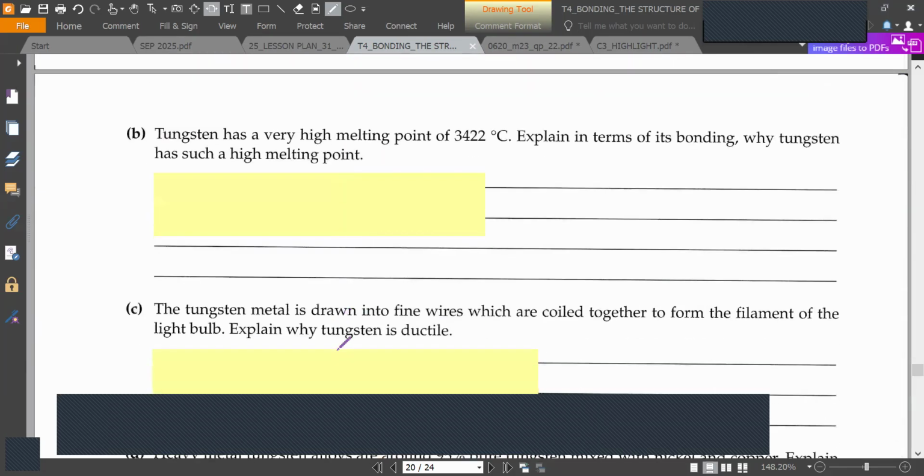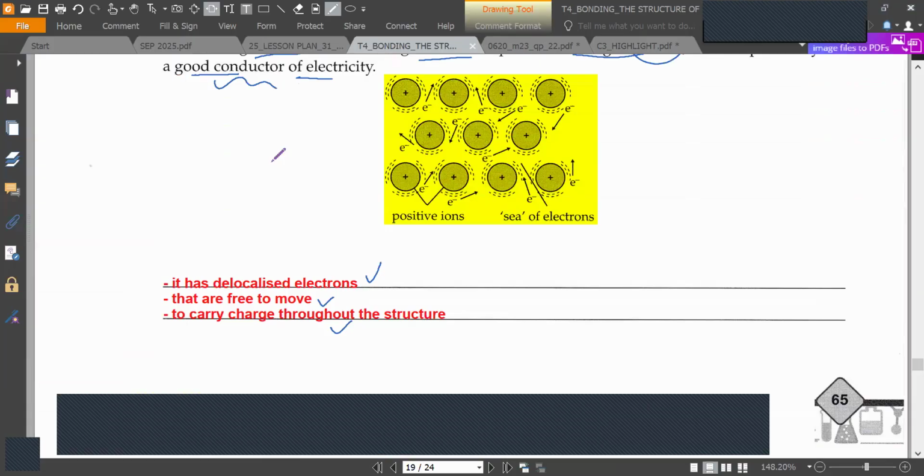Tungsten has a very high melting point, 3422. Explain in terms of bonding why tungsten has a high melting point. Because we have strong attraction between the positive ions and the negative electrons.